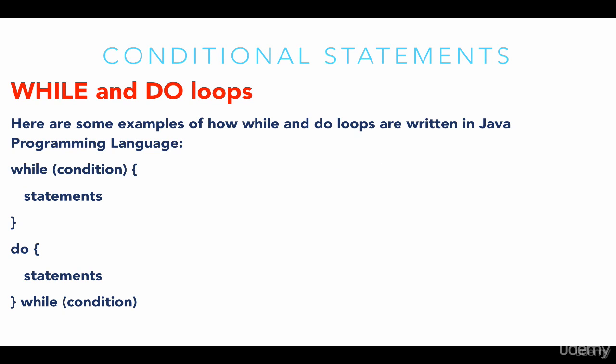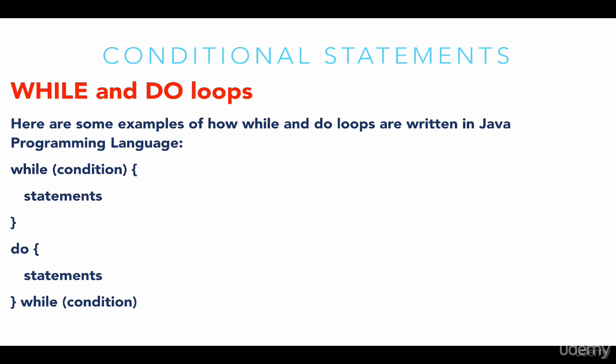Java programming language. So for the while loop, as you can see, we just need to type in while, and then we need to put in the condition inside the parentheses, and then we need to use an opening curly brace followed by a closing curly brace, and then we need to put in the statements inside the curly braces.